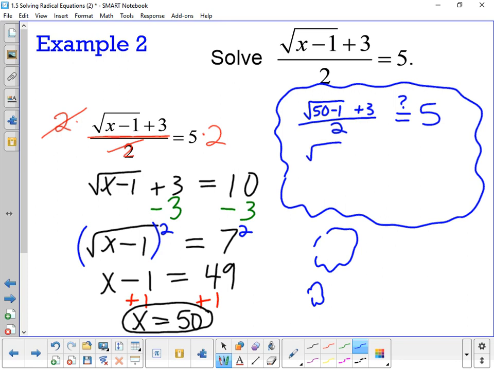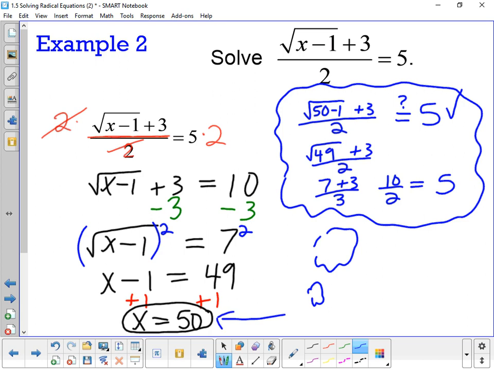Well, this is the same as root 49 plus 3 over 2, and root 49 is 7, plus 3 over 2. 7 plus 3 is 10 over 2, and it is 5. So, yep, that was true. It is a true solution. X is equal to 50. So this is just me over here checking my work, checking my solution.